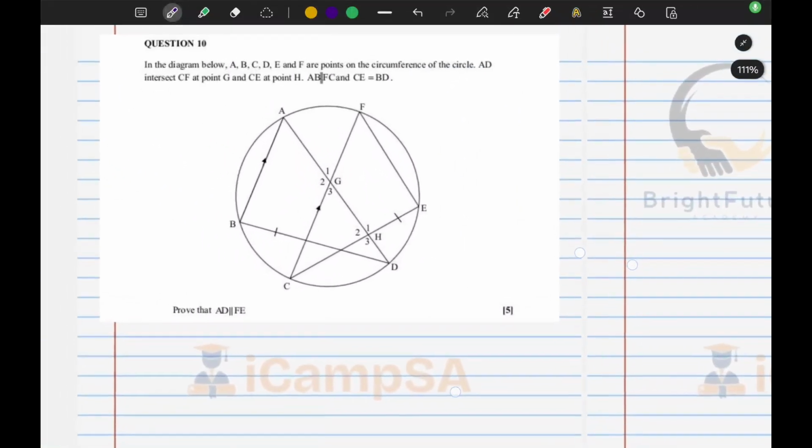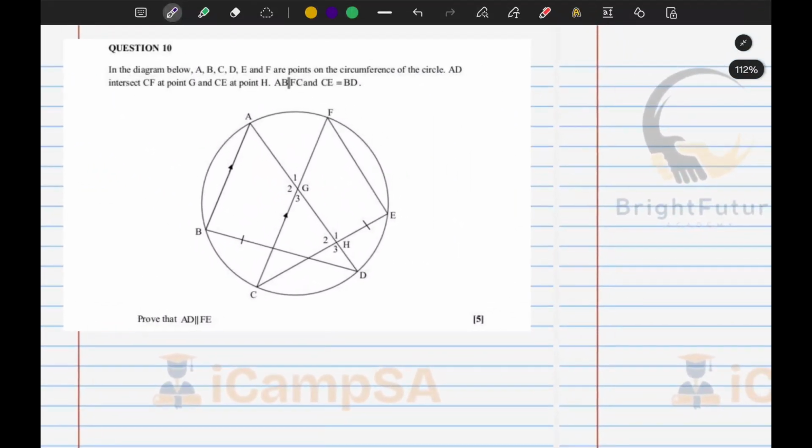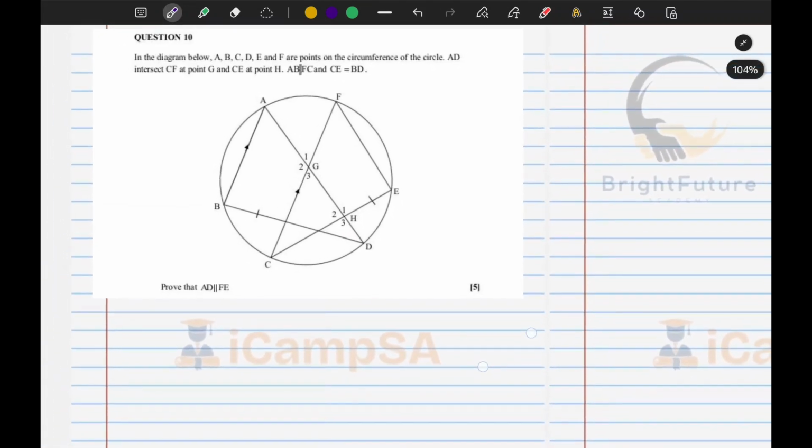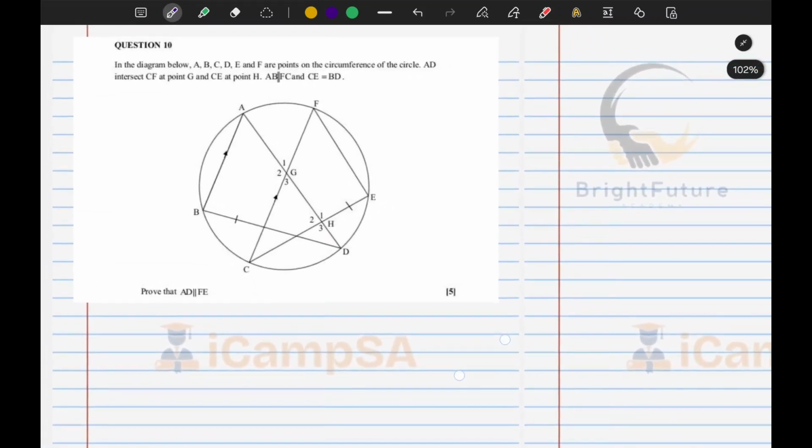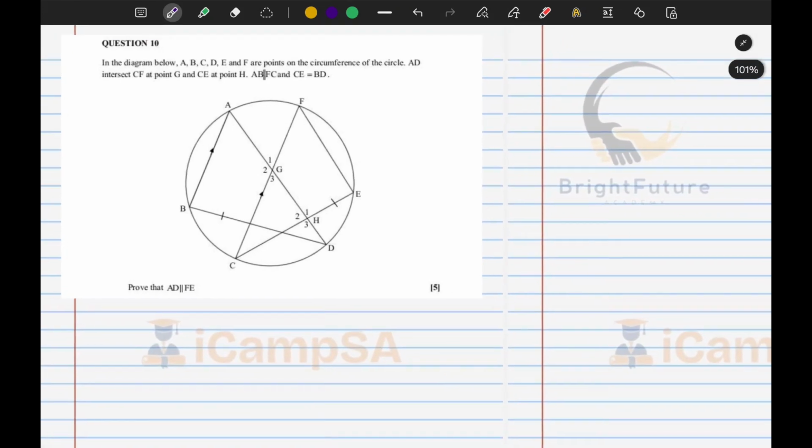Let's continue with our geometry preparation. So now we are looking at question 10. They are saying in the diagram below A, B, C, D, E, F are points on the circumference of the circle.